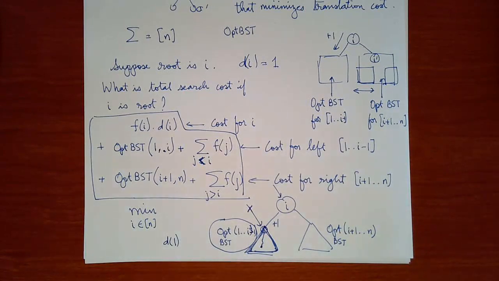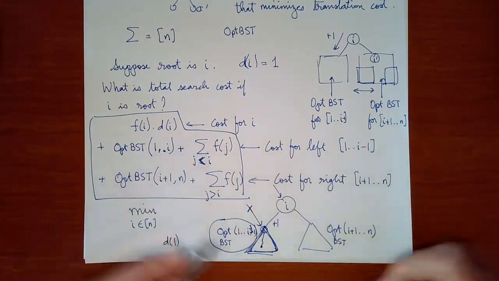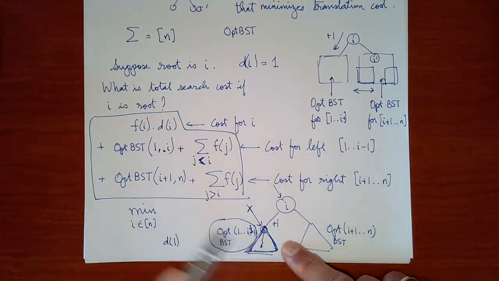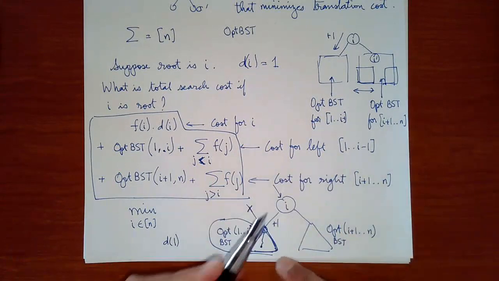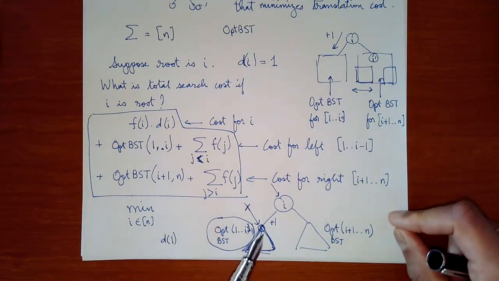Yes? So this summation is because the search for any of the elements from 1 to i minus 1 has to go down to the left, which is an extra 1, plus whatever the optimal tree tells you to do.